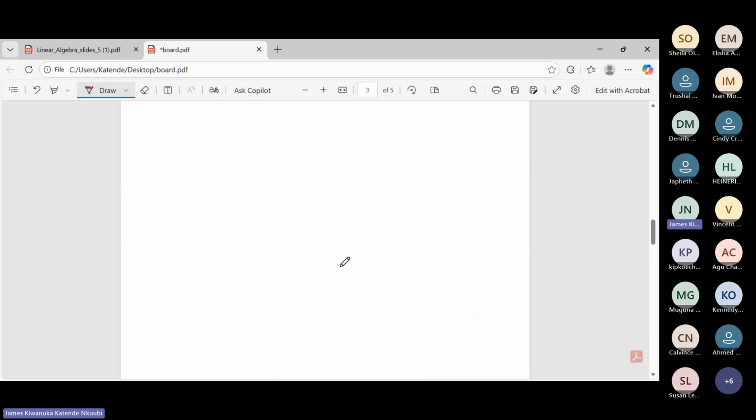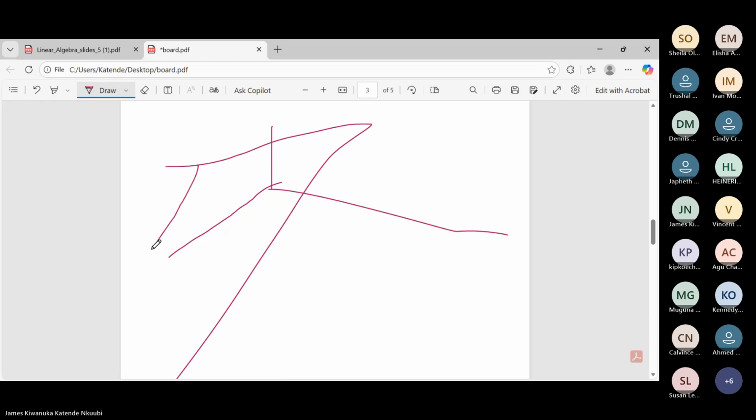In R3, it's harder to draw. In R3, you need all these coordinates. So if you have a plane, assume that this plane passes through the origin. It's quite hard to draw. But in a plane, you can move in two directions. So usually you will need two vectors.